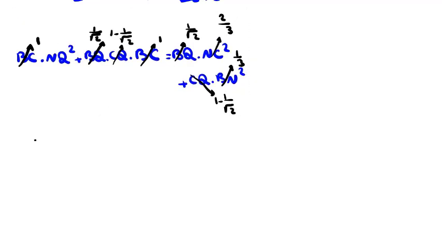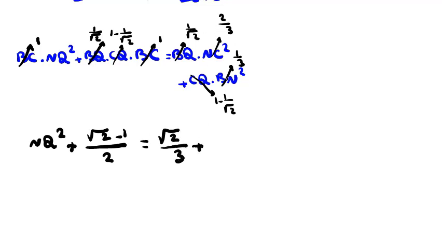Here I can say NQ squared plus, if you use common denominator, root 2 over 2 times root 2 minus 1, equals this times this. It will be 2 over root 2 is root 2, over 3, plus this one is 1 over 3 minus 1 over 3 root 2. The problem says find NQ squared.